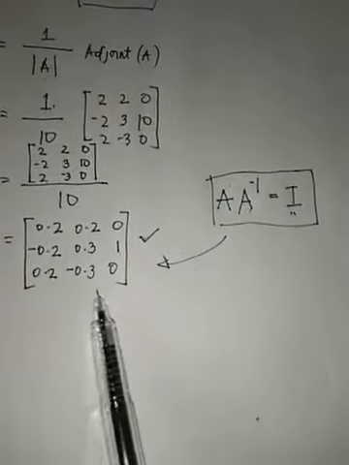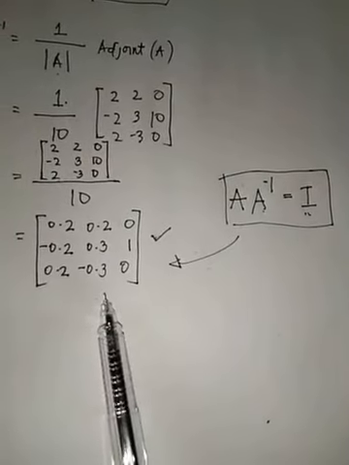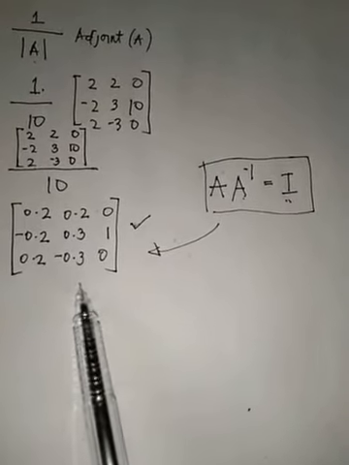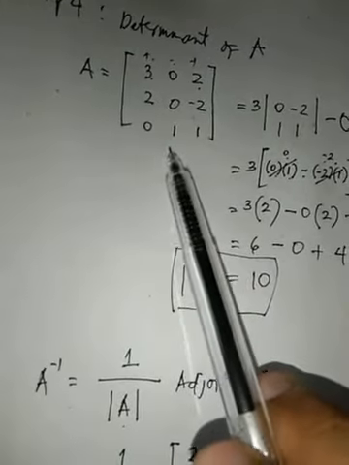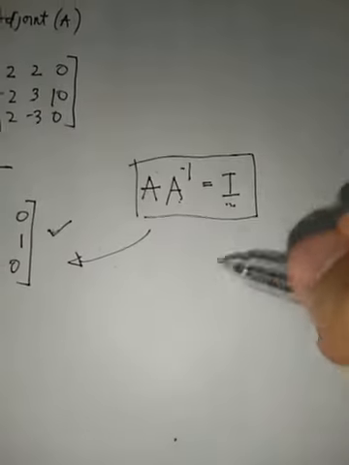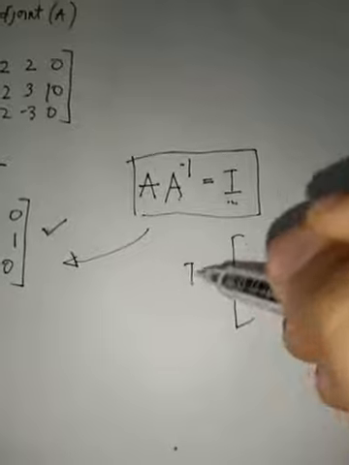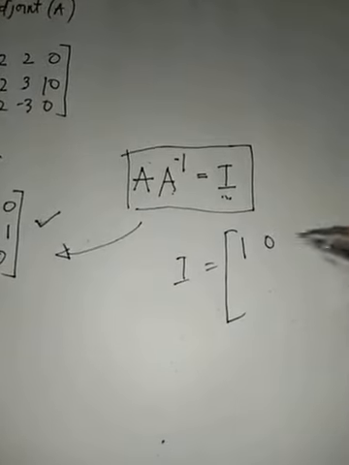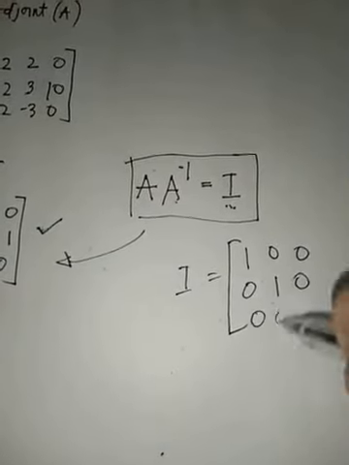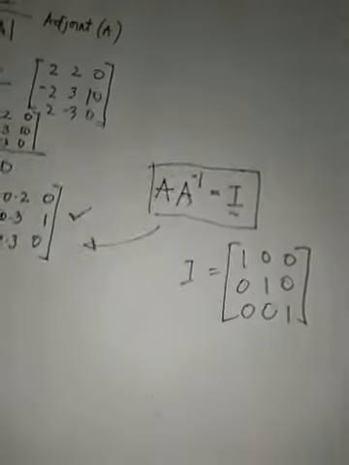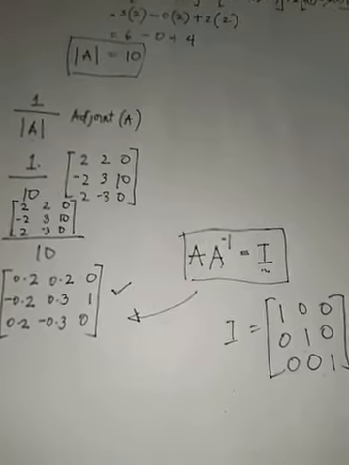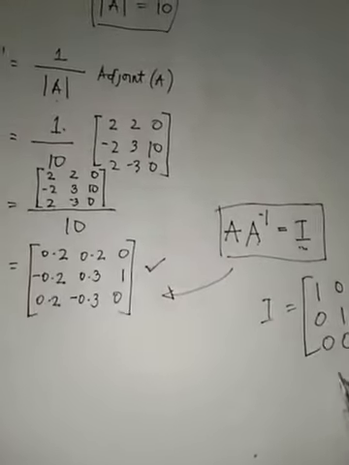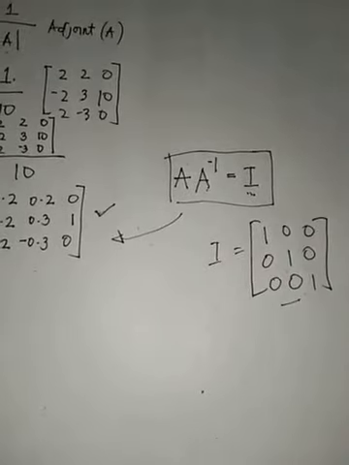I-check ninyo na itong kinompute ko dito para makuha ang inverse of matrix A, no? Tapos i-multiply ninyo dito sa matrix A should be equal to the identity matrix. So, dapat ang result niya is ito, no? Yan. Yan dapat ang result niya, ha? Okay? So, at home, practice para makuha ninyo ito, result. Okay?